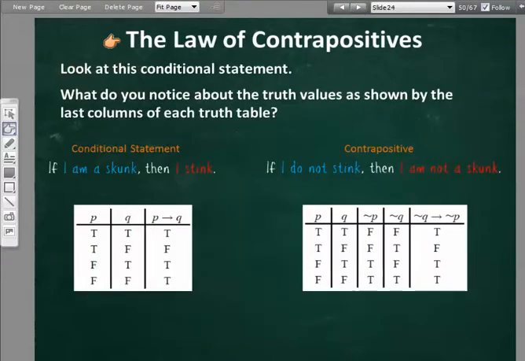Now let's talk about the law of contrapositives. Remember how I told you all your conditional statements, your truth tables will always look the same. Here's a truth table for the contrapositive. Now, what do you notice about the truth values as shown by the last columns of each truth table? You're going to be looking at this column compared to this column, and we're comparing the original conditional to the contrapositive.